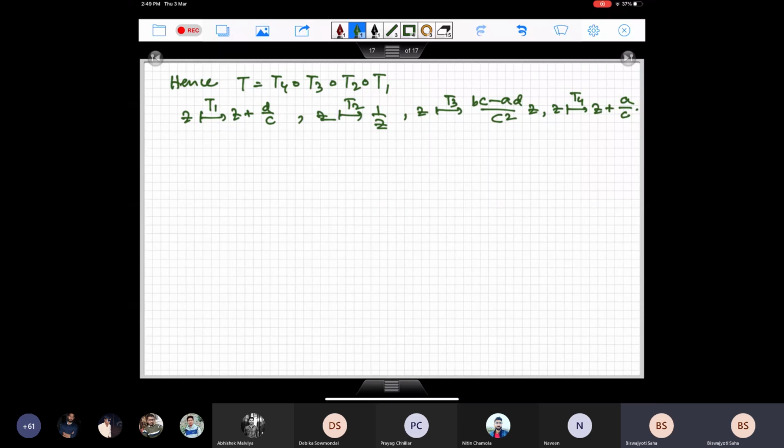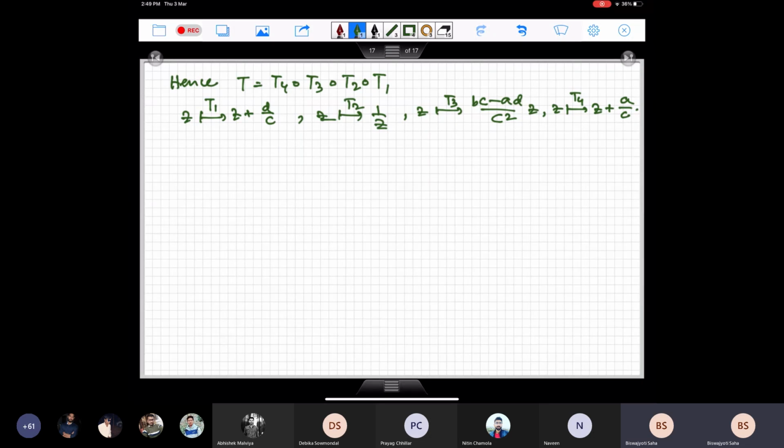Now I want to talk about some of the properties of the Mobius transformation, and later we will see how values at three particular points will determine any Mobius transformation. And given any three points, you will be able to figure out Mobius transformations having that kind of property.